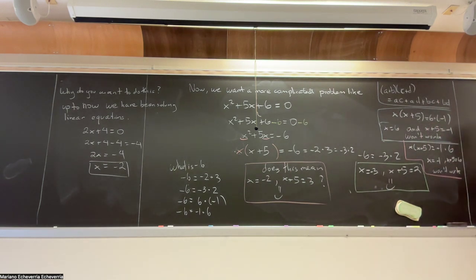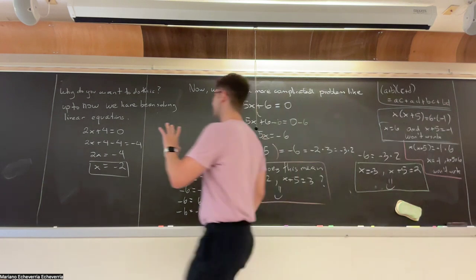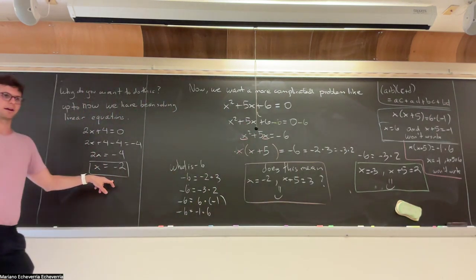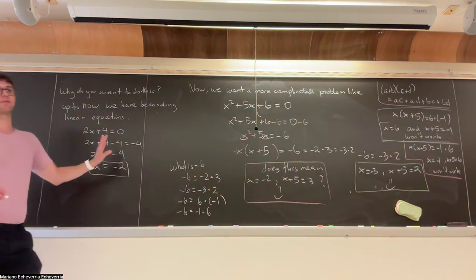But it does have a grain of truth because it is close to what we will do. It's just that what we will do is a bit more systematic and not something that looks a bit too random, okay? My point is that when you have an equation like this, which is quadratic, it's not as obvious or as clear as what we were doing before, where you would just solve for x directly.